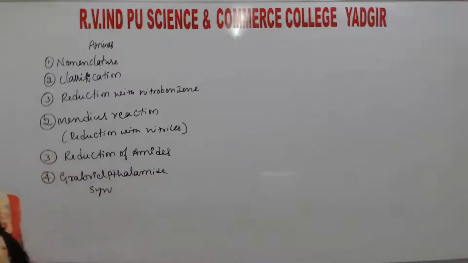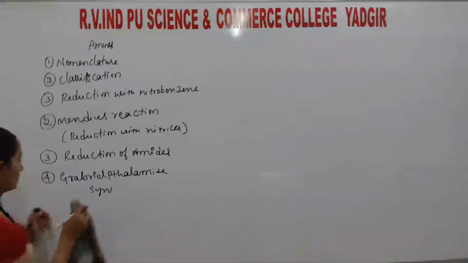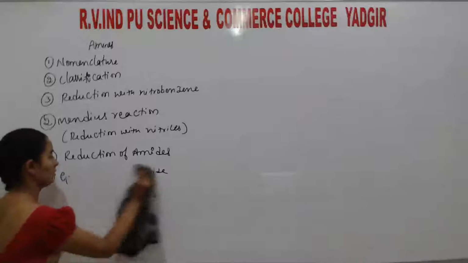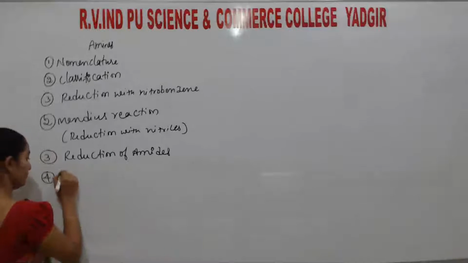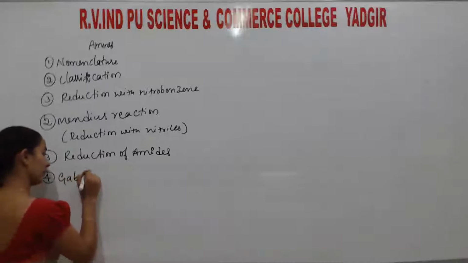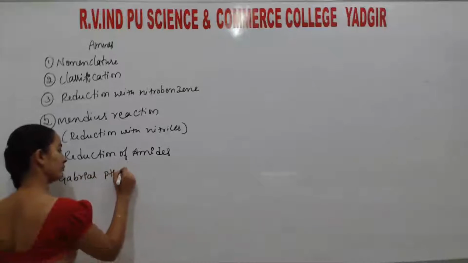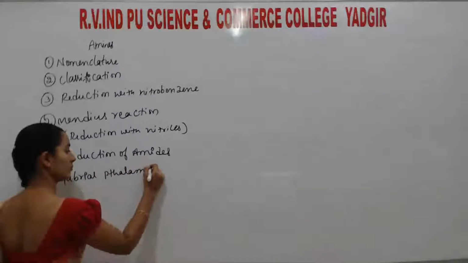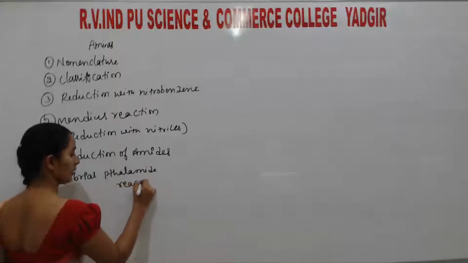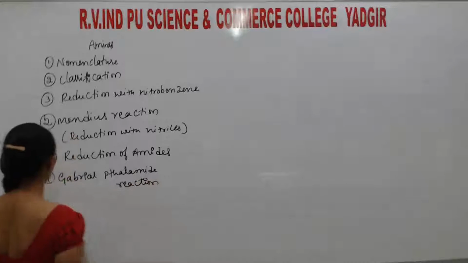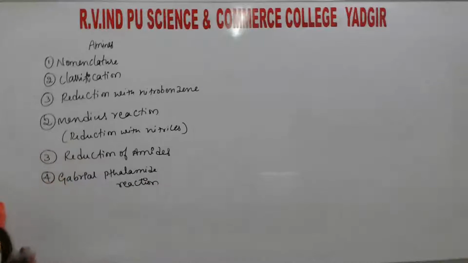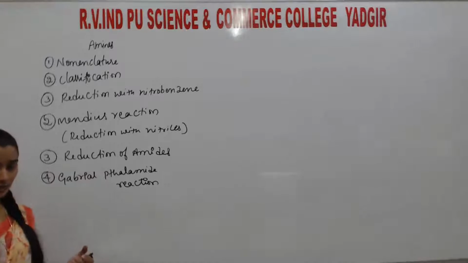So the Gabriel phthalimide reaction. Okay, so the next one, the acidic character, basic character, and its structure is there.